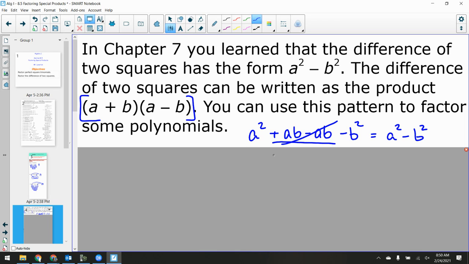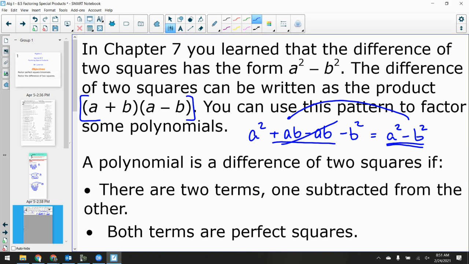And that, since chapter 8 is working backward here, is another special case. When you have 2 terms, and they are both perfect squares, and there's a subtraction sign in the middle of it, you can call that what's called a difference of squares.